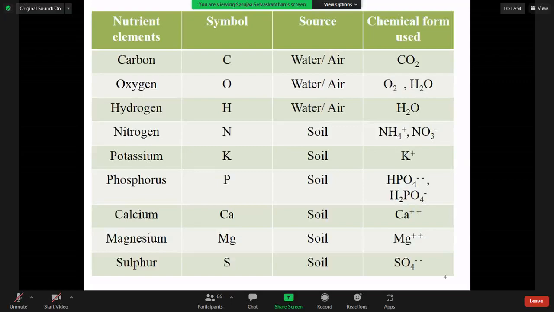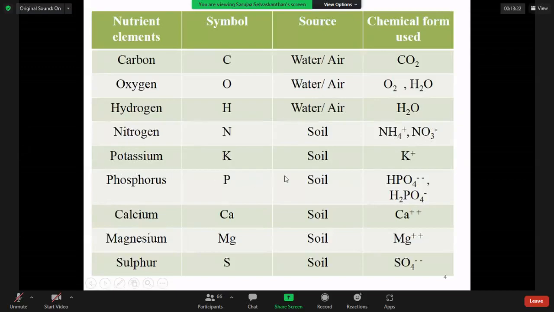Carbon can be obtained from the water as well as the air, and CO2 is the form of absorption. Oxygen is like that. These are the simple things you know now. Nitrogen can be obtained from NH4 plus and at the same time NO3 minus, both cation and anion.